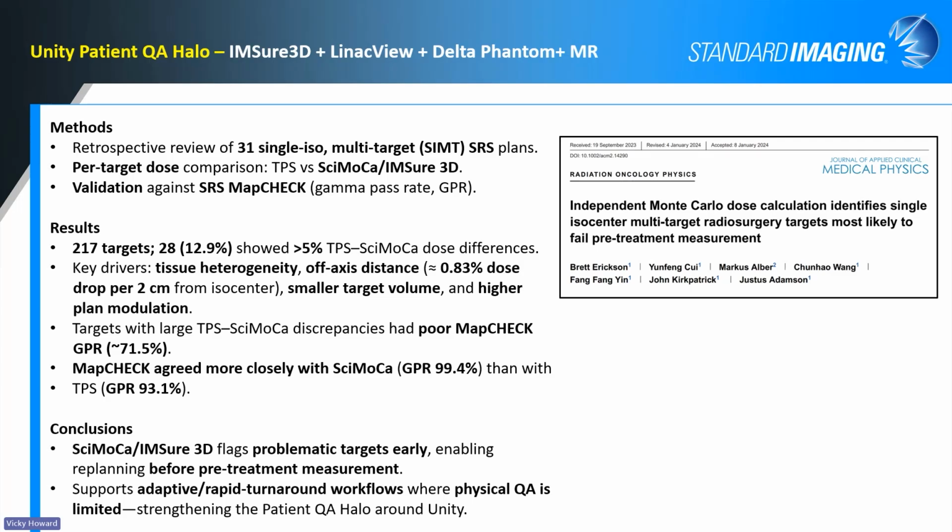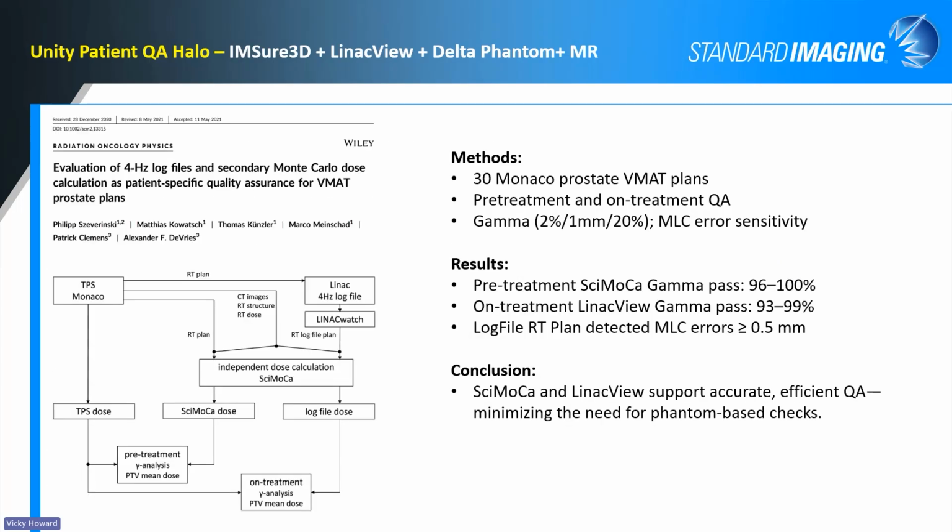If for some reason an adaptive plan is pushing the planning system too much, SIMOCA could potentially predict which ones should be looked at again from a planning perspective. So again, this supports adaptive rapid turnaround workflows because time is an issue, and especially where physical QA is limited. So I think that's a great study to look into.